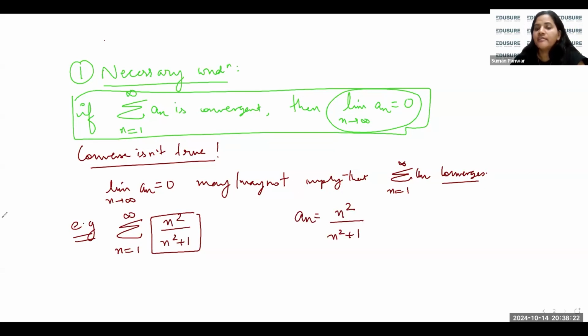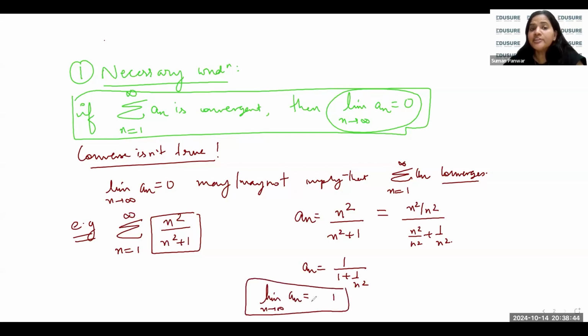Dividing by n square, a_n is nothing but 1 upon 1 plus 1 upon n square. So limit n tending to infinity a_n is equal to 1. Since this limit is not equal to 0, we can say that the series is not convergent.